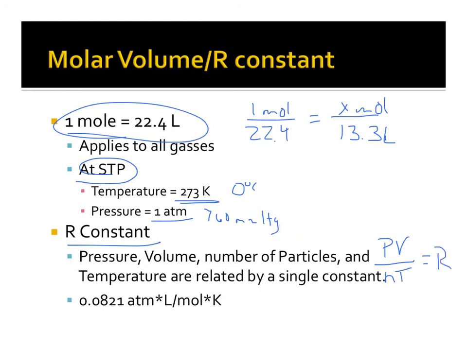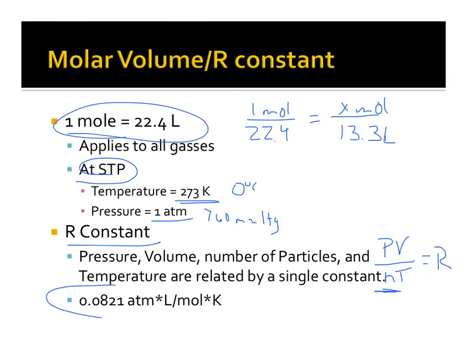And based off of that, if we know the pressure, the volume, and the temperature of our room, or of our condition where we do our experiment, we can use this R constant to figure out how many moles are there. And in stoichiometry, that's all that we're trying to figure out.